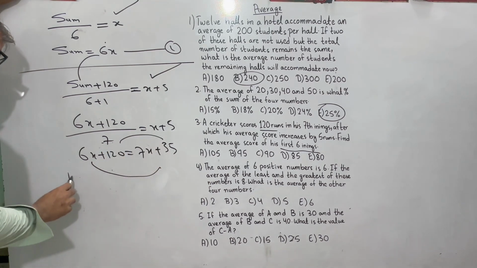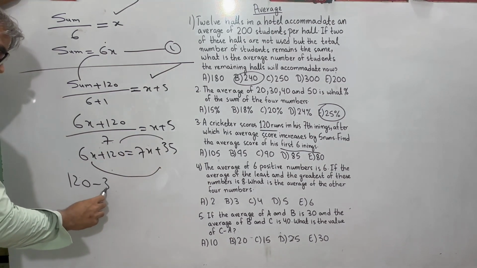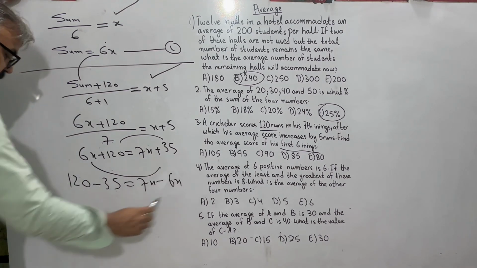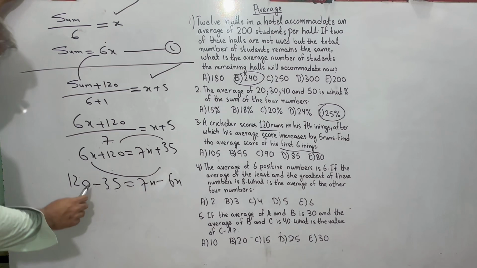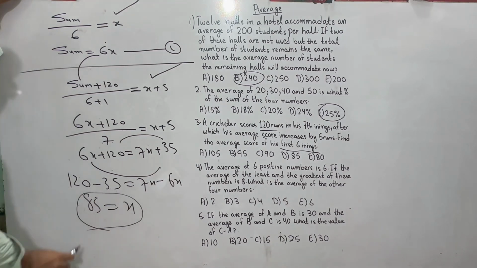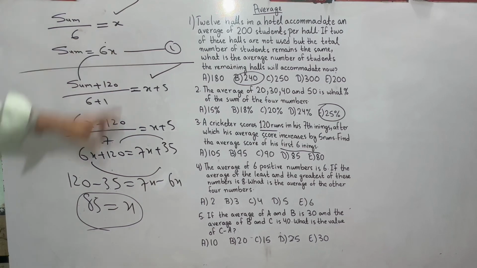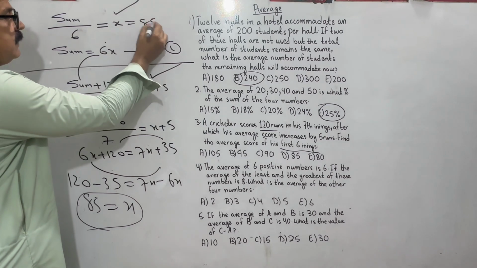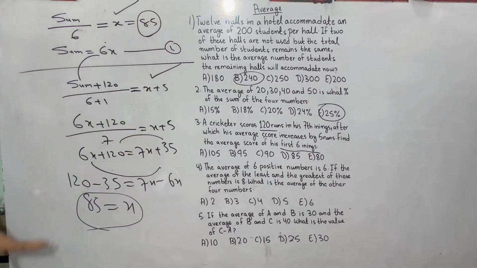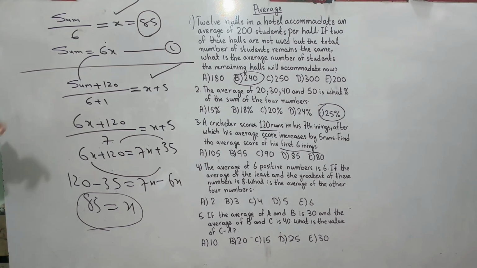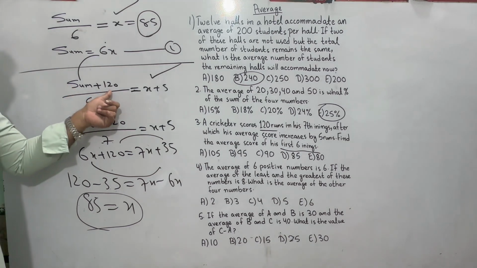I have 120 minus 35 is equal to 7x minus 6x. 120 minus 35 is 85. Look, x is the average, 85. In his first 6 innings, his average score was 85 runs.